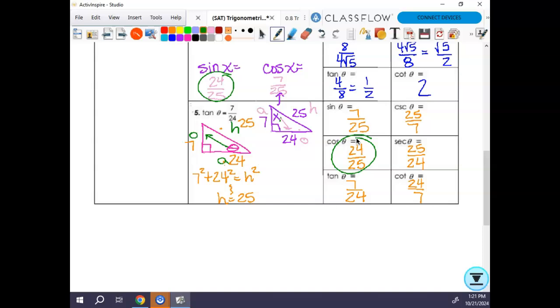So the sine of one angle is equal to the cosine of the other. Cosine of X, 7 over 25, is equal to the sine of theta. So the cosine of this angle equals the sine of this angle and vice versa. That's a relationship that's good to know.